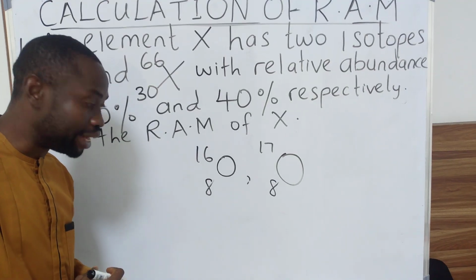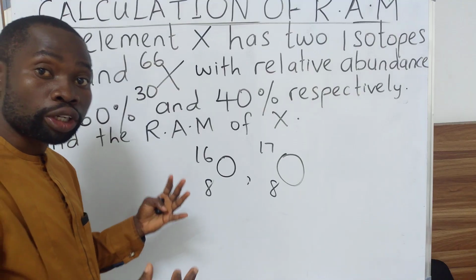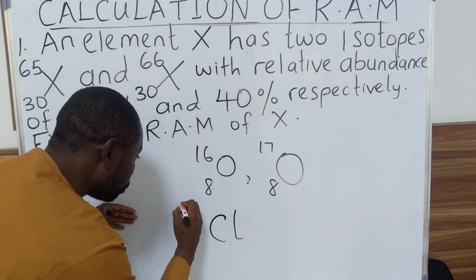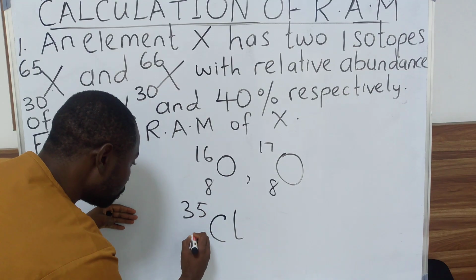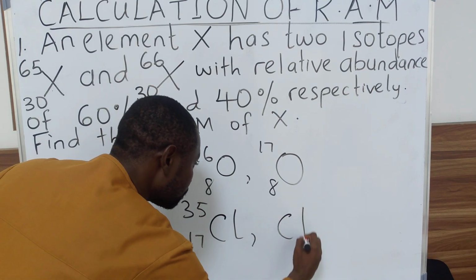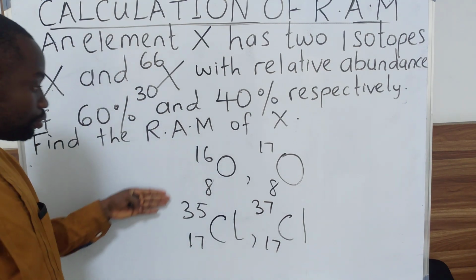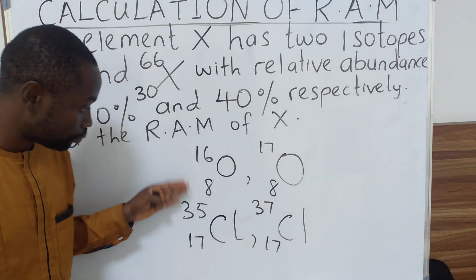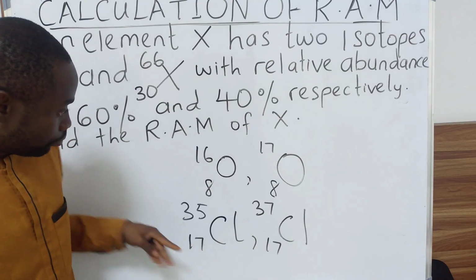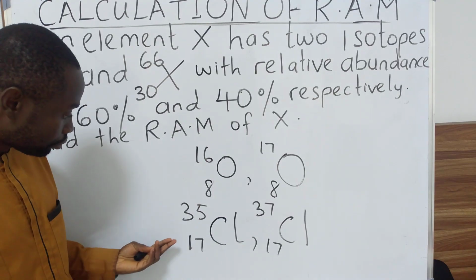Another example of isotopes is chlorine. We have chlorine 35, 17 and chlorine 37, 17. So you can see, look at the first example. The atomic numbers are the same, 8, but the mass numbers are different. One is 16 and one is 17.